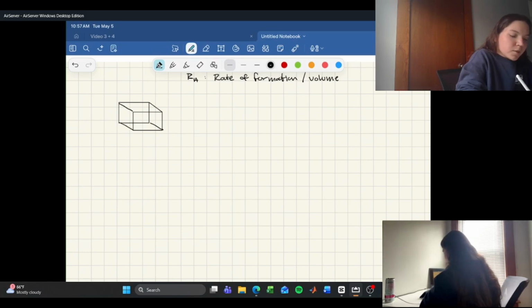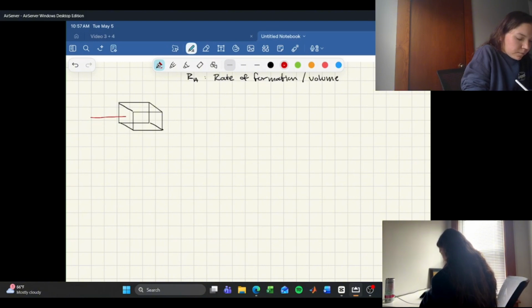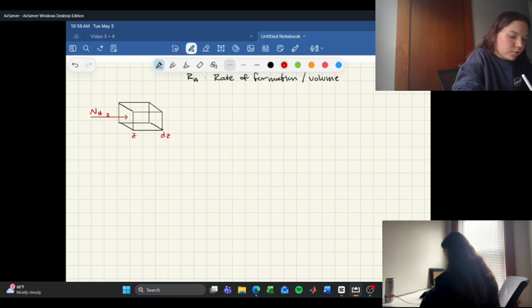Great. Okay, so going into the system, we have N_A, and this is going to be on the z-axis. This is going to be z, dz, and then we're also going to label the other axes as well.